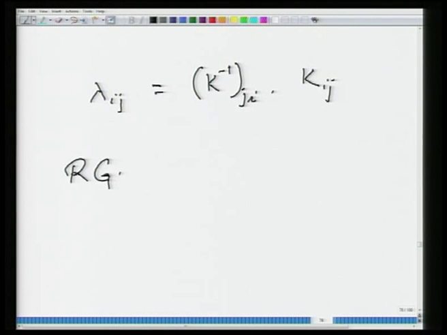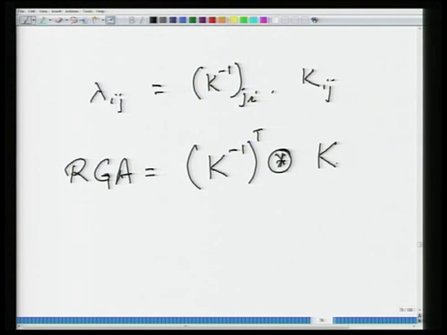RGA is equal to k inverse. Now, because the index is not ij, it is ji, therefore, I have to take a transpose, Hadamard product times k, the gain matrix. How do I define Hadamard product?